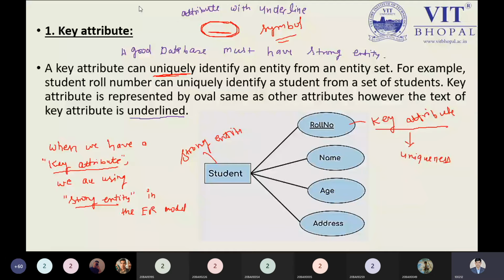Suppose in the 19 BAI batch, I find the same student name, same age, or same date of birth, but I'm not using 19 BAI or 20 BAI. So how can I say which year the student belongs to? Is it the first year, second year or third year? I don't know. That is the reason. Sometimes students call me many times, saying, sir, you were part of my previous course, so we got a great chance to learn something from you.